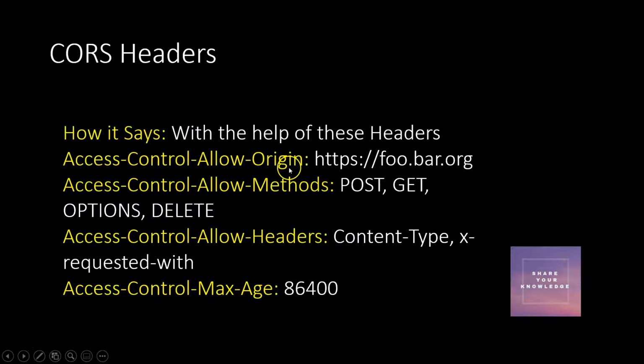So it is saying I will allow the origin only from this domain, and it will allow these methods from a cross origin, a different origin, and it will accept all these headers. It also has Access-Control-Max-Age, because in some cases the CORS response is also cached. So for that we have Access-Control-Max-Age also. So this is about it.